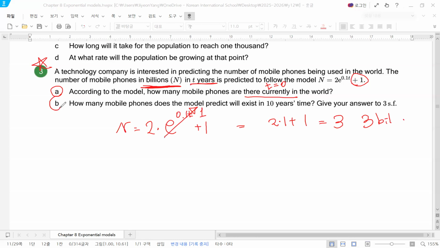And question B. Jason, how many mobile phones does the model predict will exist in 10 years' time? 10 years' time is when t equals 10. Okay, so please calculate this value and let me know, students, by using your calculator. Calculate it.